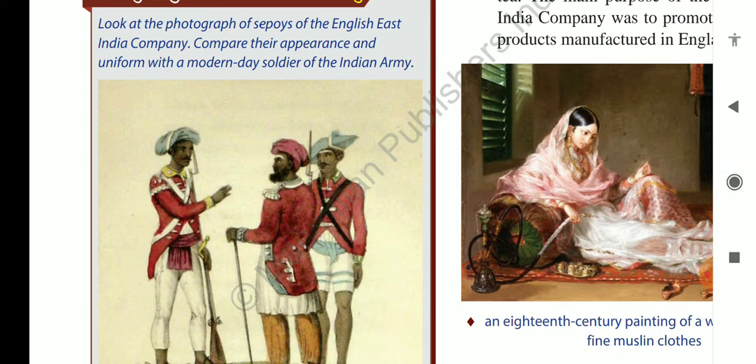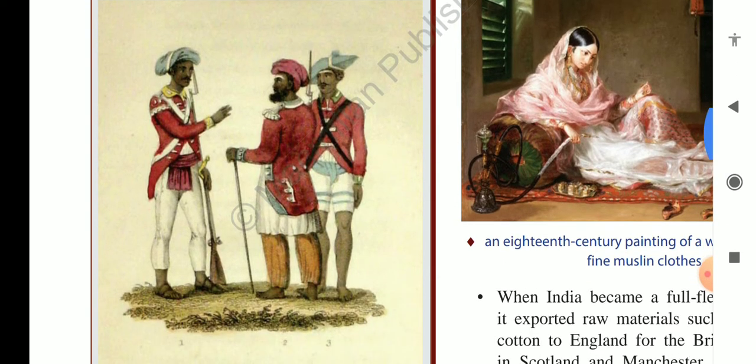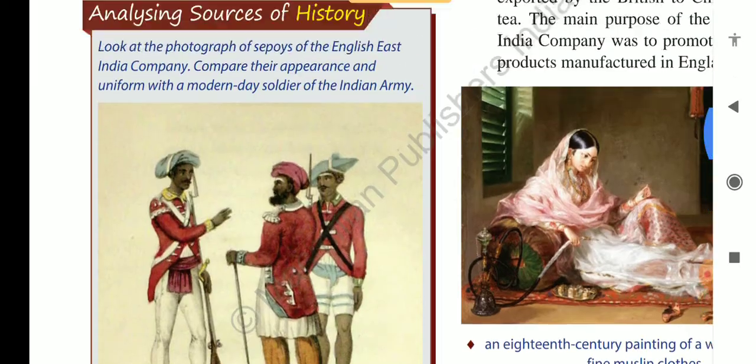Compare their appearance and uniform with a modern day soldier of the Indian Army. Among soldiers also, different ranks were there, like subedar and many other ranks. According to rank, they had different uniforms. So you can easily compare, right? Today's soldier has a much more modern appearance, right?